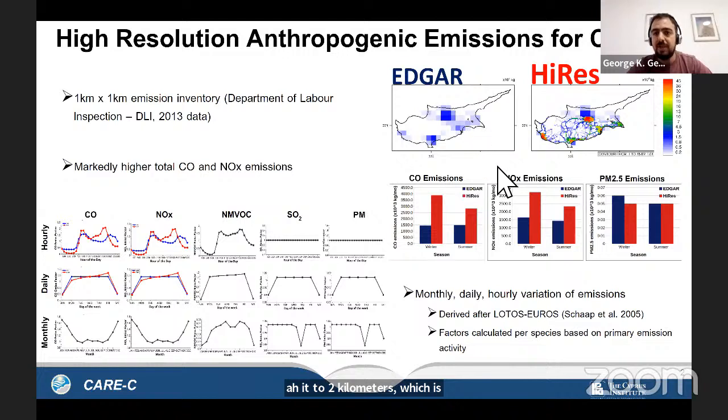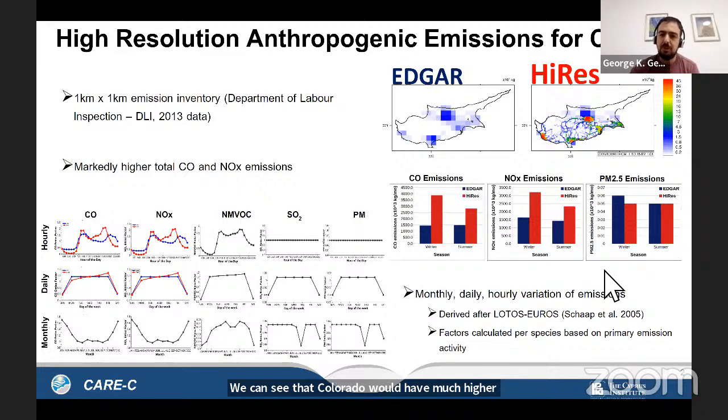We can see on the top right how the new emission inventory compares to the EDGAR emission inventory in terms of horizontal resolution. Of course, anthropogenic activity is much more discrete in the new emission inventory, but there are also differences in the emission totals, especially for CO and NOx. We can see in red that we have much higher emissions from the new inventory.